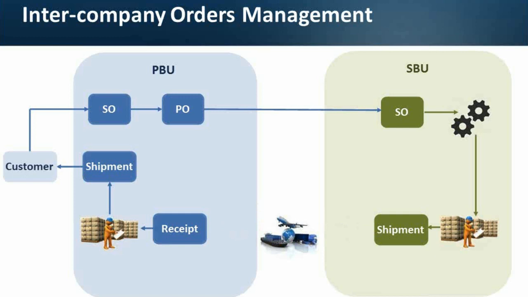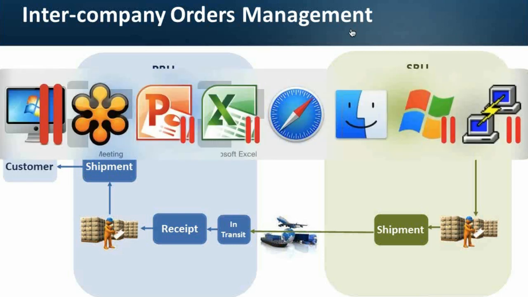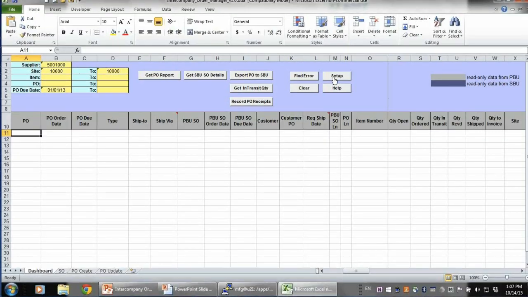We incorporated QAD functionality that allows tracking in-transit shipments, and developed functionality that allows you to efficiently manage and monitor statuses of purchase orders in PBU and corresponding sales orders in SBU with a single report. Let's now look at the tool itself and see how the whole intercompany orders management process can be implemented with it.